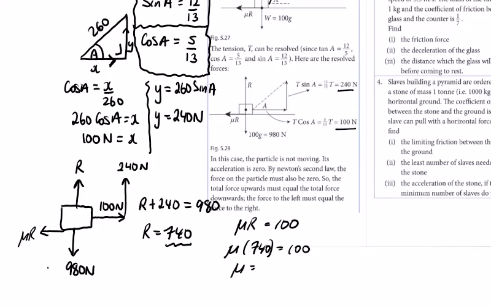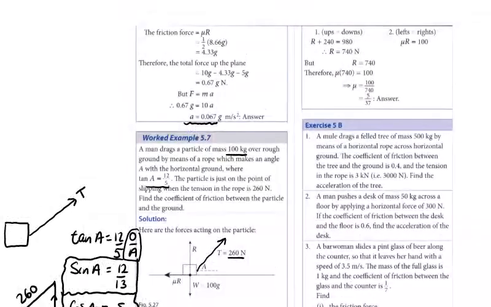So mu is equal to 10/74, 5/37. Coefficient of friction, which I think is what we were asked in this question. The coefficient of friction, and they do it the same way, 5/37.